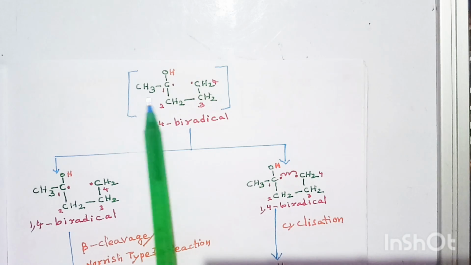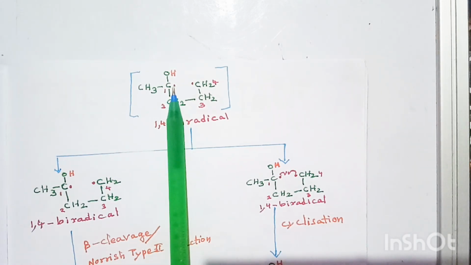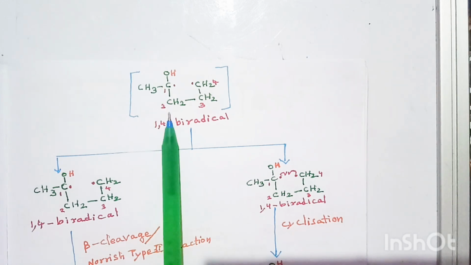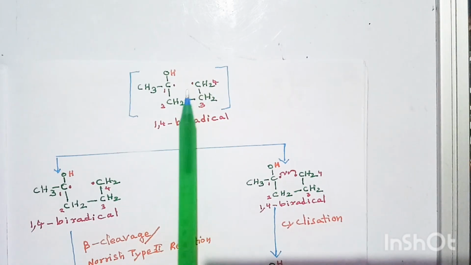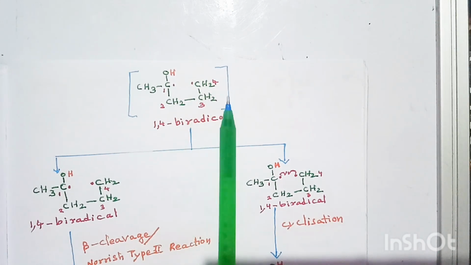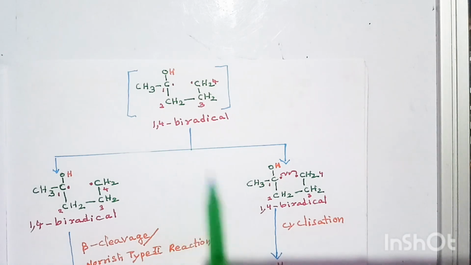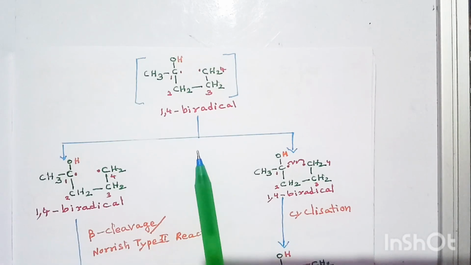This is the 1,4 biradical. CH3, C radical, OH, CH2, CH2, CH2 radical. This is 1, 2, 3, 4. This 1,4 biradical can undergo two types of reactions.